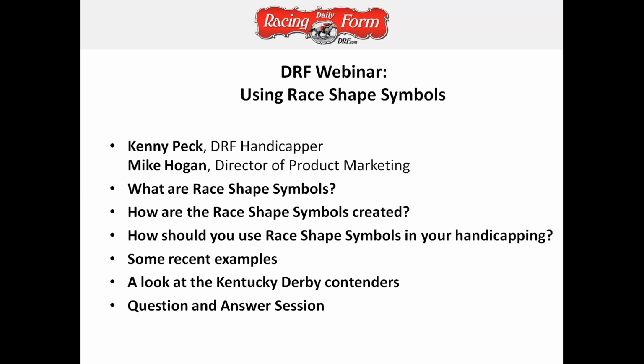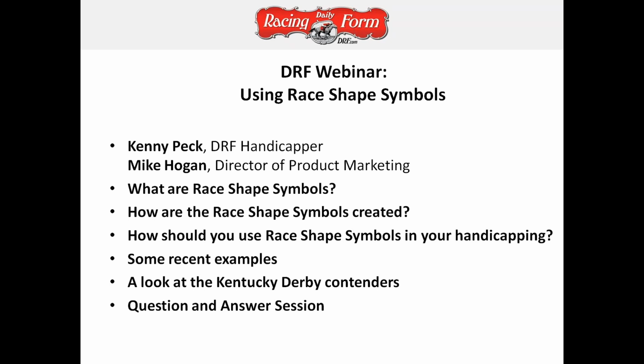I'm all right. So I'm excited that we're going to be able to talk about and get questions from the audience about the race-shaped symbols. Since these are a relatively new addition to the DRF PPs and currently only exist in the DRF Classic PPs, although really in the next few days they should be available in Formulator as well.